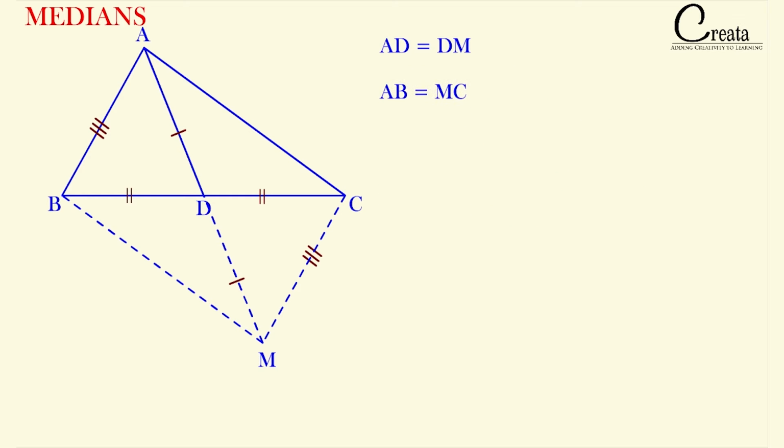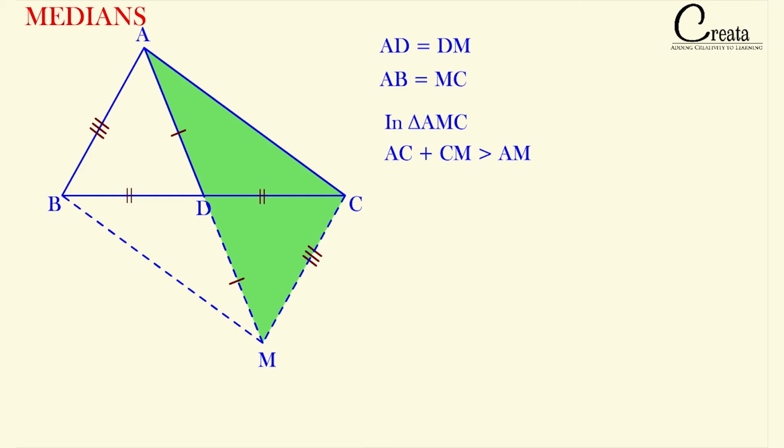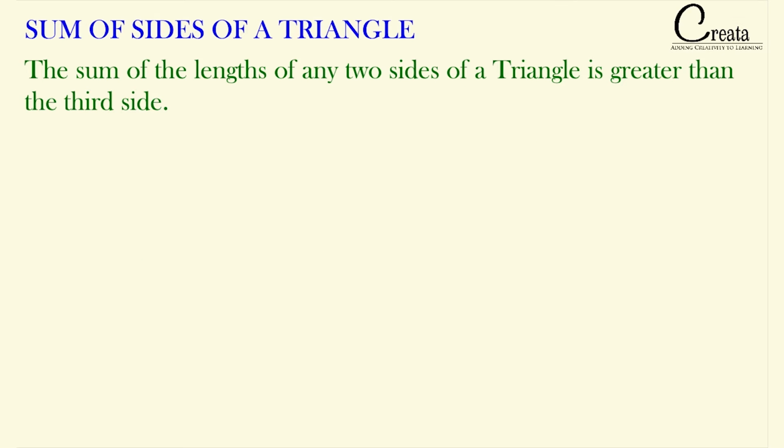Further, if we take the triangle AMC, can we say AC plus CM is greater than AM? Why? Because we know the property of the triangle, that the sum of the lengths of any two sides of a triangle is greater than the length of the third side.